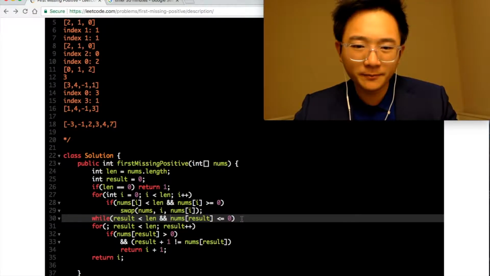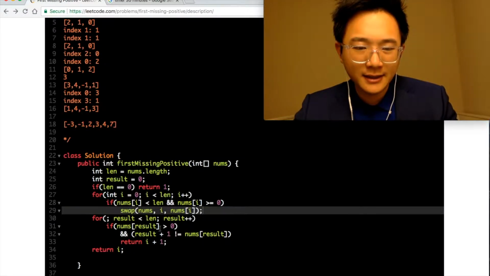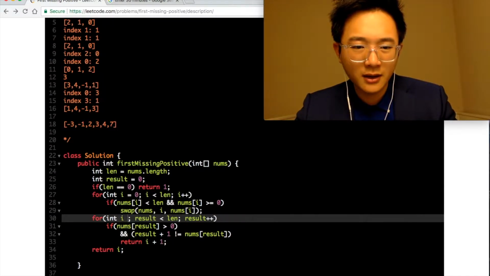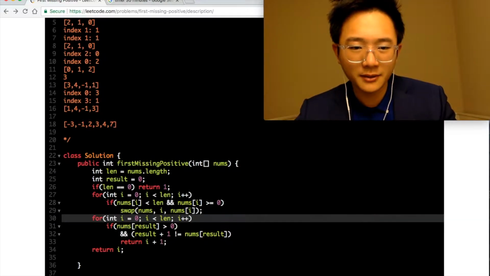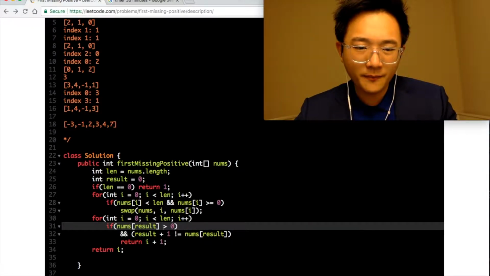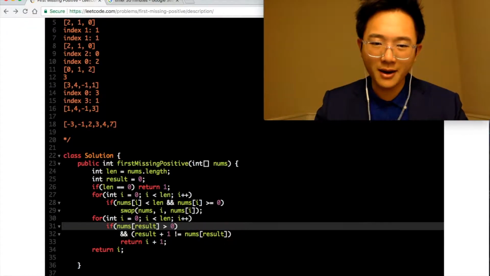So for this we need i equal to 0, and then i less than length, and then i plus plus. So if this is larger than 0, we care about it. But if it's not, we don't care about it, right?